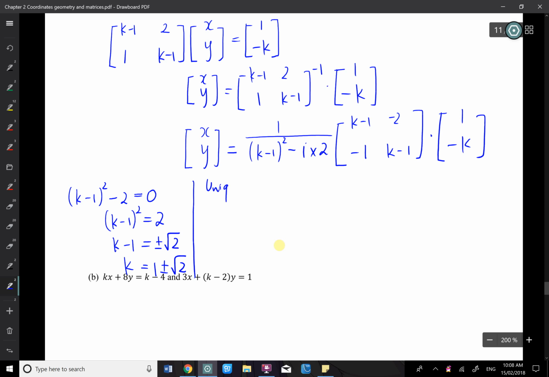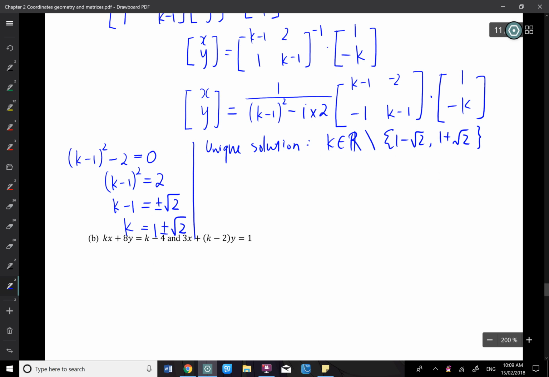For a unique solution, I only need k to belong to R, except 1 minus root 2 and 1 plus root 2. If it's not 0, everything's good, and I can definitely solve out whatever I require. Those two points are the problem points.